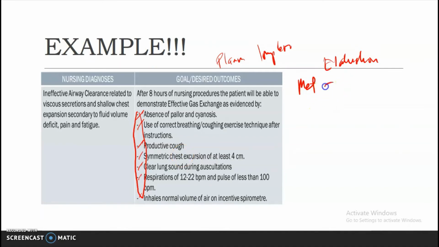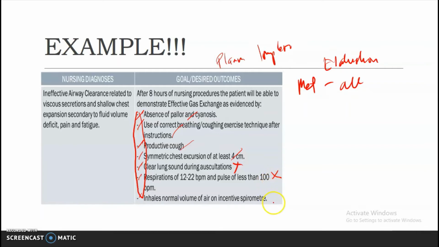Okay, for example, yes, hindi siya pale. Tama ang breathing pattern exercise niya. There is productive cough, excursion, meron naman. Pero meron pa siyang hindi pa clear ang lung sounds, ang respirations niya is more than 22 breaths per minute, and cardiac rate is 103.